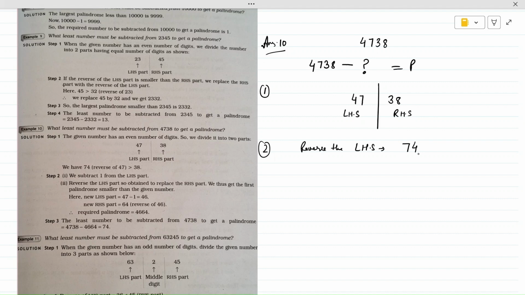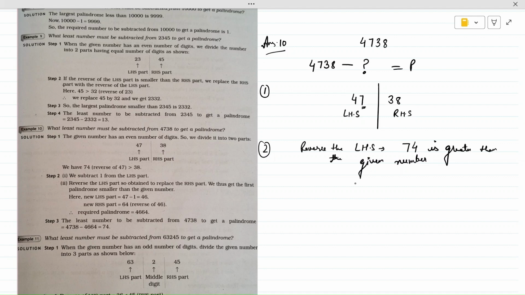So what are we going to do, kids? We are going to subtract 1 from the LHS now. On reversing the LHS the number is greater than the given number, because it will be in the 7000 series. So we cannot take this.